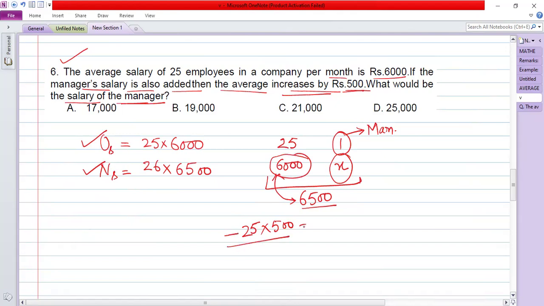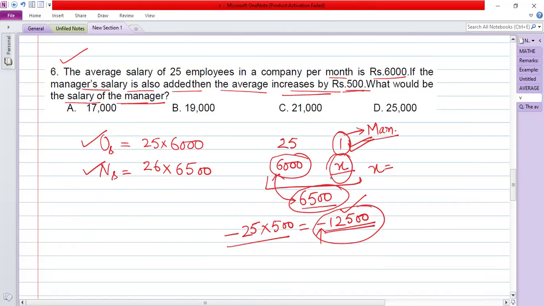Now if we calculate this, it will come out to be minus 12,500. This minus 12,500, which is less, must be compensated by this single person, the manager. So what should be the salary of this manager so that the average salary is 6,500?